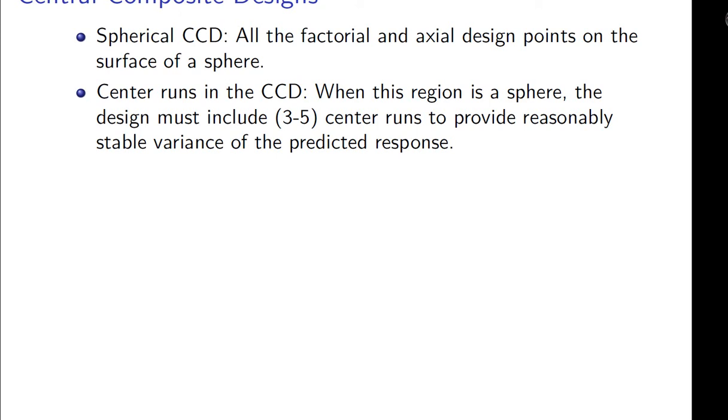So if you have a 1/2 fraction of a 3-factor design, it's on the order of 4. So you'll have somewhere between 3 and 5. If you follow the original prescription, you would include 4 center runs. So it has the effect of giving you the numerical stability you need to interpolate the second order surface. But if you think about it in terms of the variation of the response surface, it'll give you sufficient stability in the response variable.